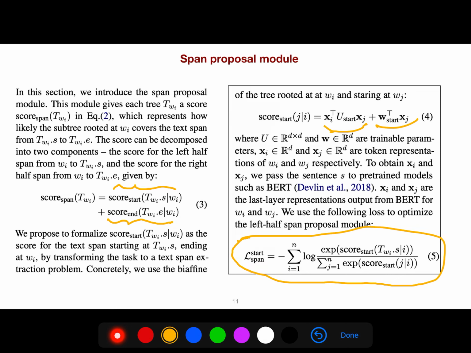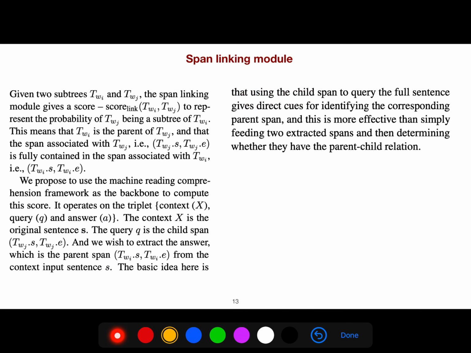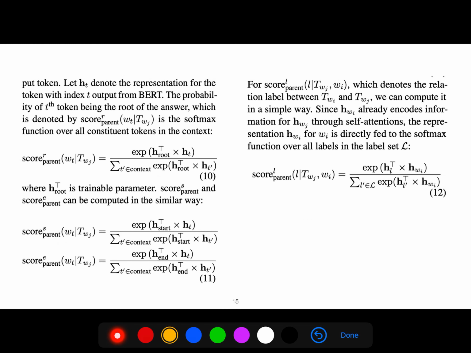So this is the start, the score of that, and then we model the end similarly. It's just a function of x_i and x_j, and similarly for the end span. Now, how are we going to model the score of root, the score of start?